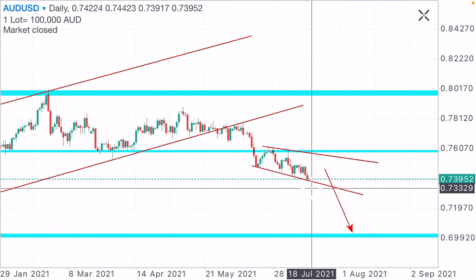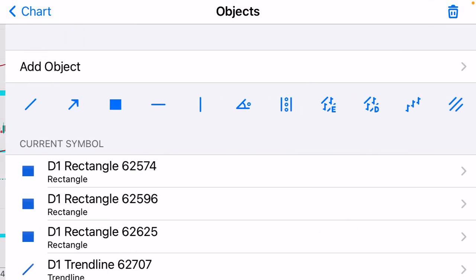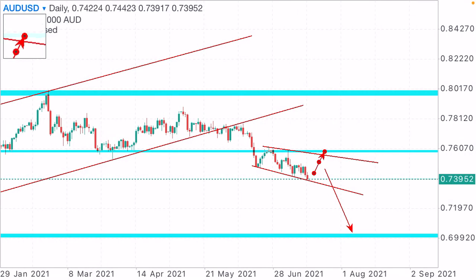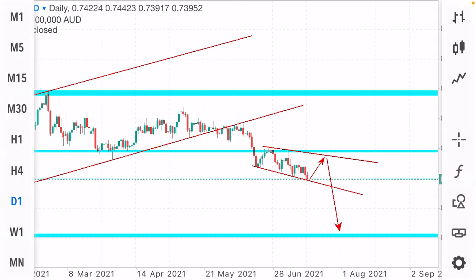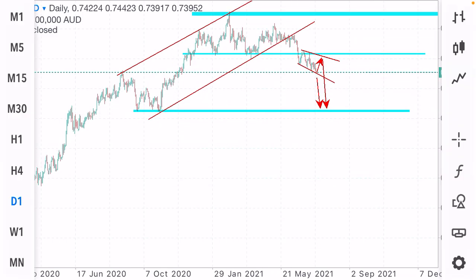But again, we can expect a rejection here and a bounce back up to this trend line, and then a push down like that. So these are the scenarios that are there, either a break to this one there, so this is what we are going to be looking at and watching.